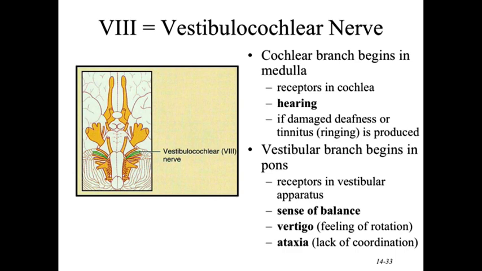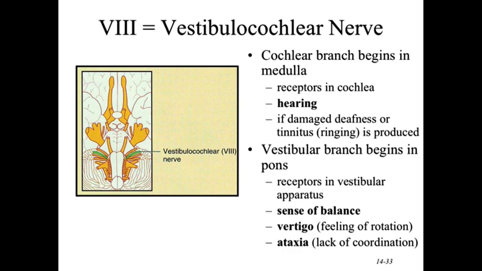When you look at vestibulocochlear, it is the cochlear portion that deals with hearing, and it's the cochlear portion that begins in the medulla. The vestibular portion of this cranial nerve actually begins one level above, which is the pons. So the hearing portion begins in the medulla, but the vestibular portion begins in the pons.